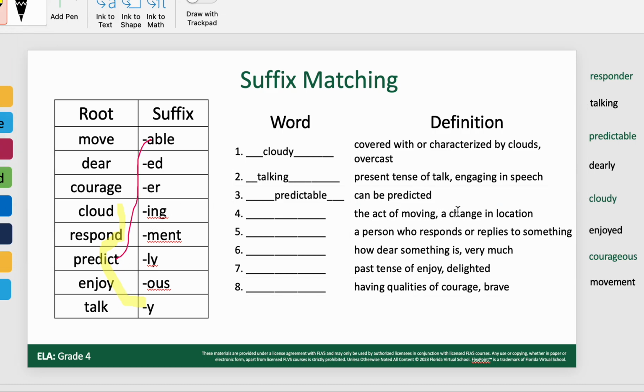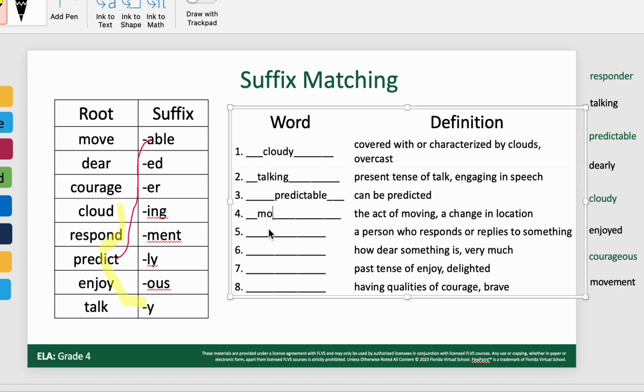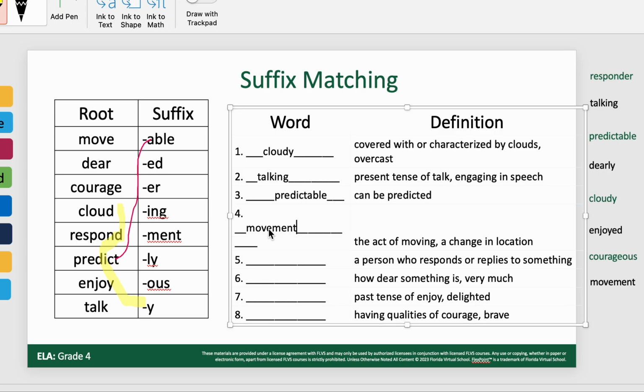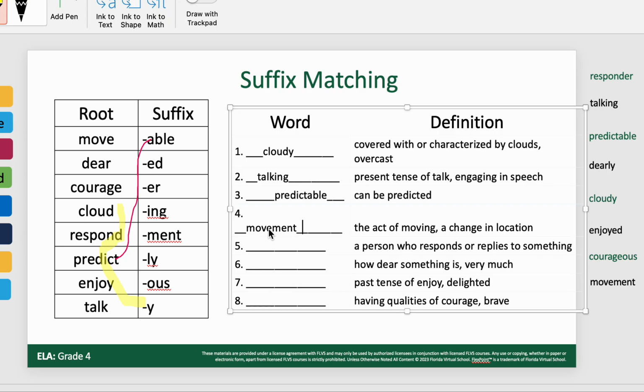The act of moving or changing location. Well, if I'm changing my location, I'm not movable, like able to be moved. I'm having a movement. So there's body movement happening. Okay.